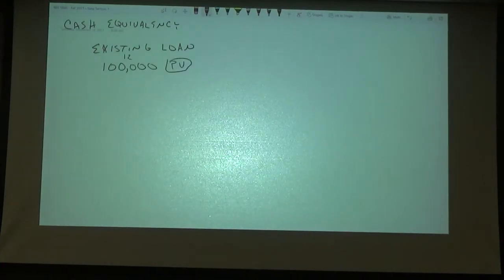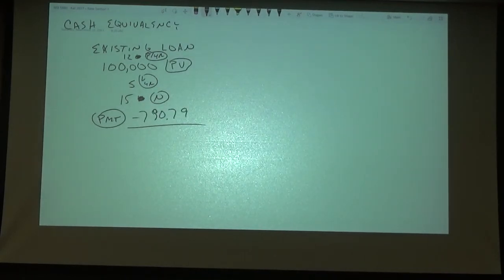Once again, 12 payments per year. In this case, the interest rate on the loan, let's say, is 5% for 15 years. Okay, once again, start off, get our payment.